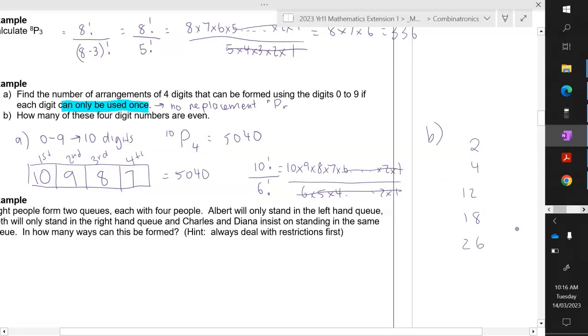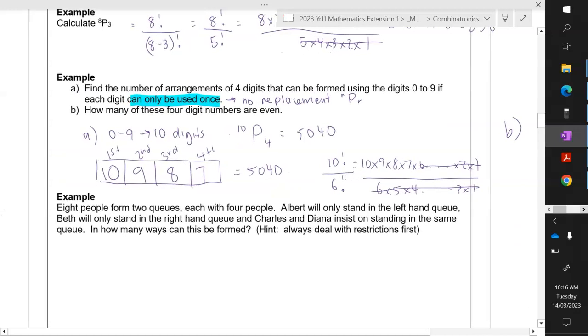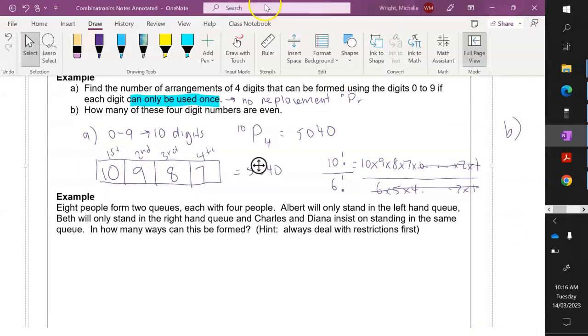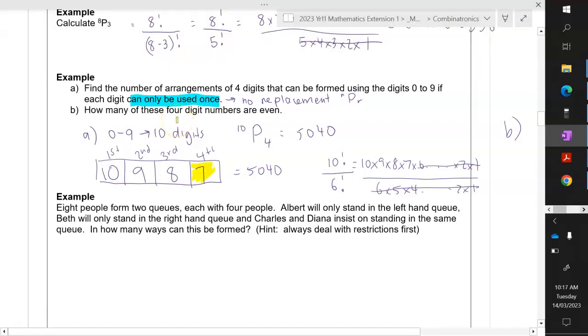The thing that makes them even is not the first number, because in 12 and 18, that first number is odd. And in the first ones, we've only got 1 digit. And here, our first number is even. So the thing that constitutes an even number is the last digit. So to figure out what's an even number, we only want to have a look at that 4th digit.